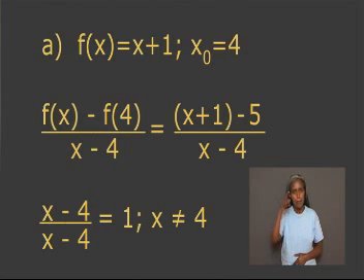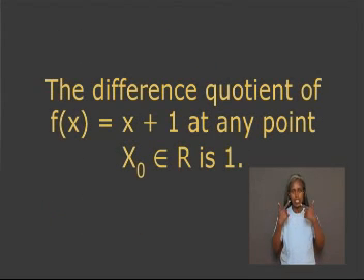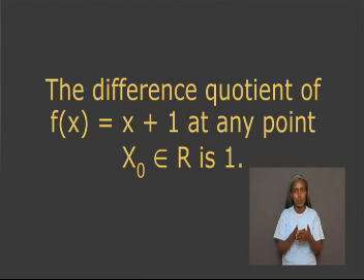X must be different from 4. If the limit of the quotient difference as x approaches x naught exists, then it is said to be the difference quotient of f of x. The difference quotient of f of x equals x plus 1 at any point x naught belonging to the set of real numbers is 1.